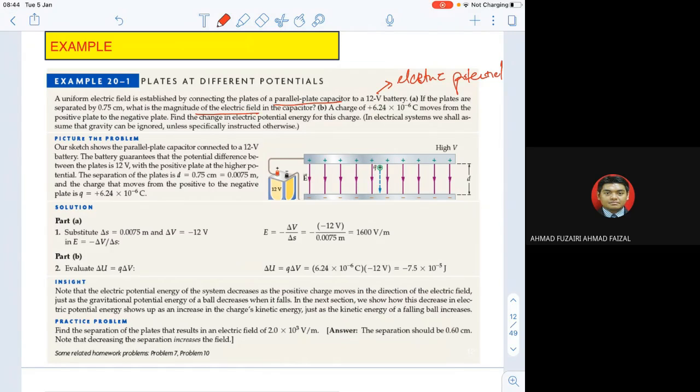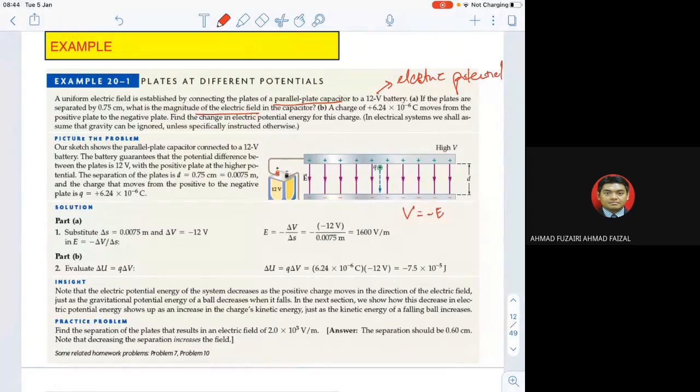All right. So on part A, they want to know the magnitude of the electric field. So we can use this equation. Maybe you remember V equals negative E, because right now we have a positive charge that comes from the positive plate into the negative plate.